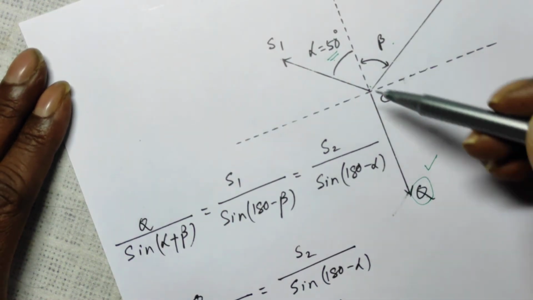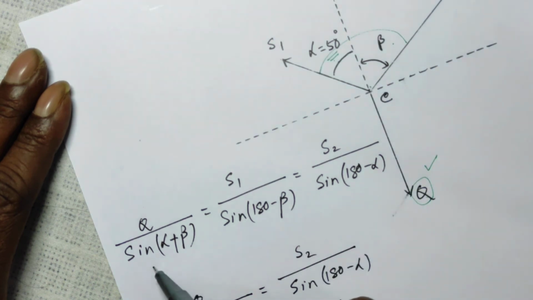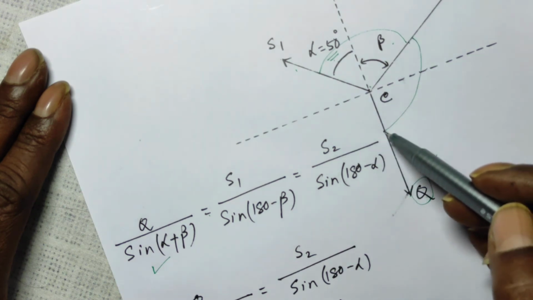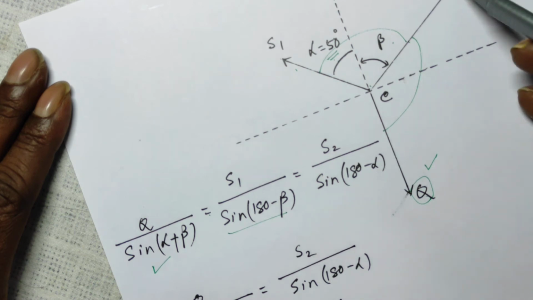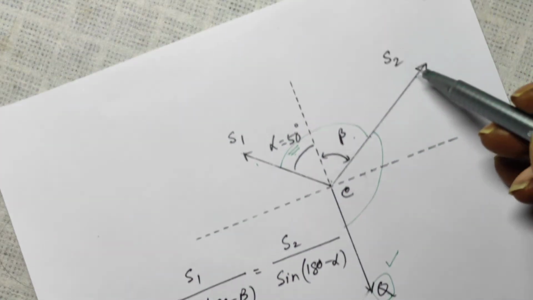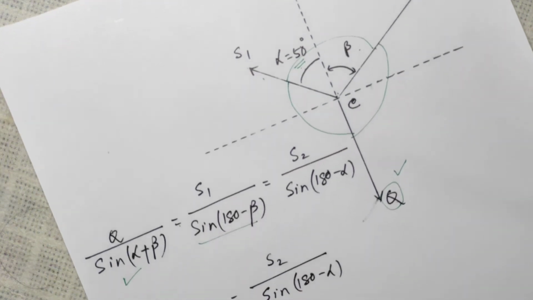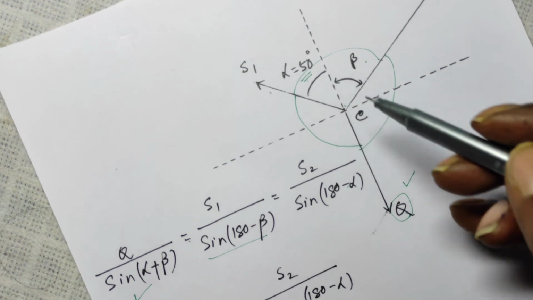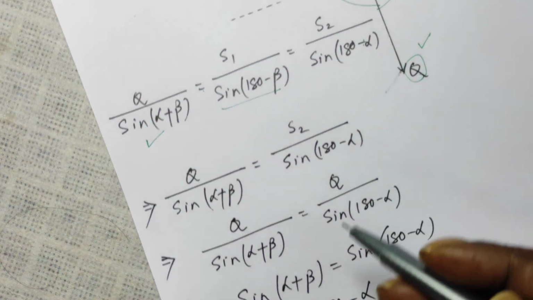So Q over sine of this angle, sine of alpha plus beta, is equal to S1 over sine of this angle, that is sine of 180 minus beta, is equal to S2 over sine of this angle, that is sine of 180 minus alpha. I'll put the value of alpha later, not here.